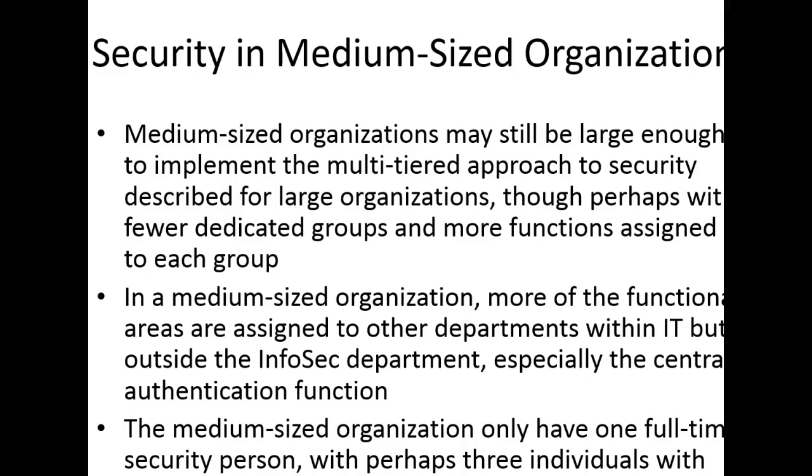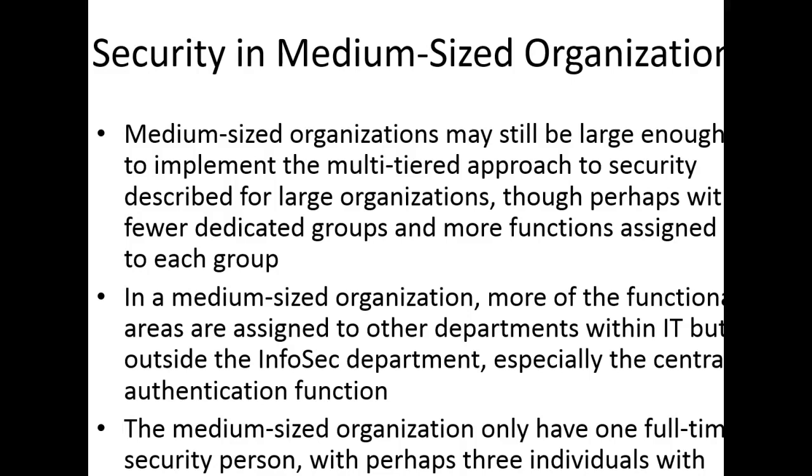these types of organizations also need to implement the functional areas that are assigned to other departments within the IT, outside the information security department, especially the central authentication function, which is also important.